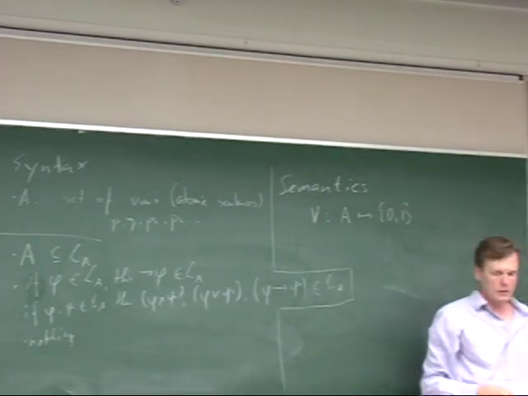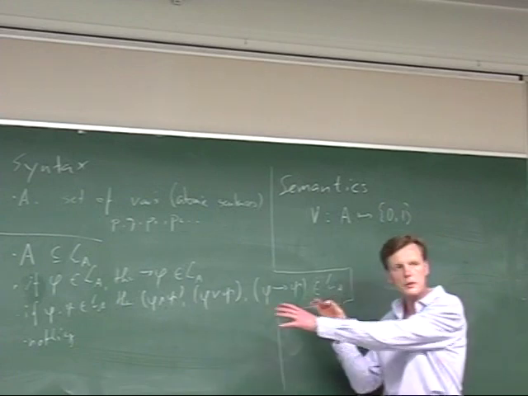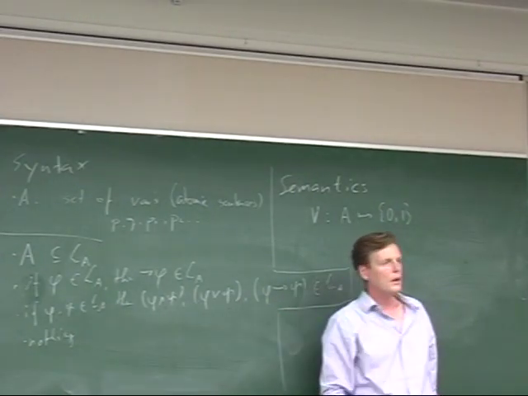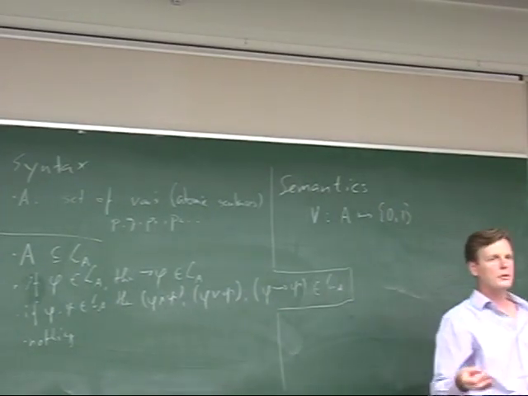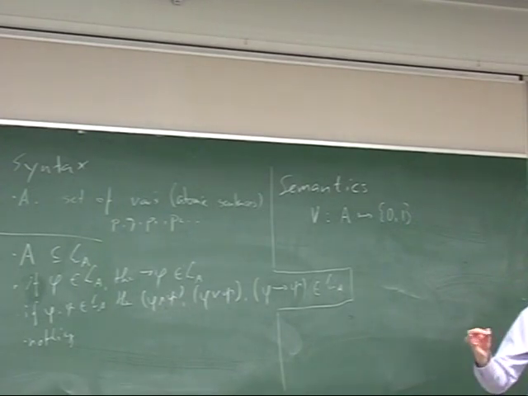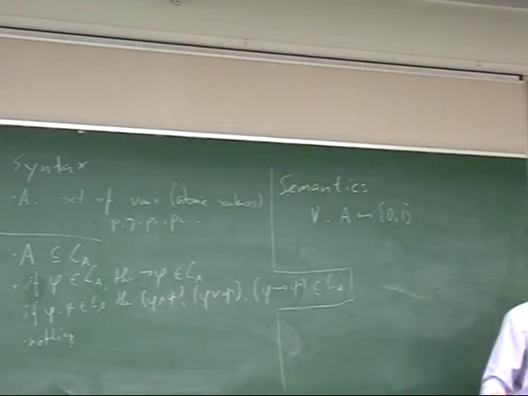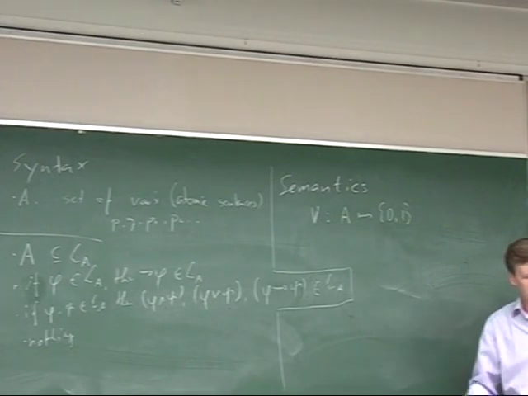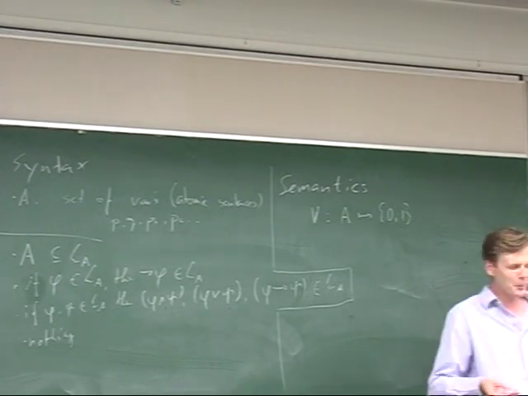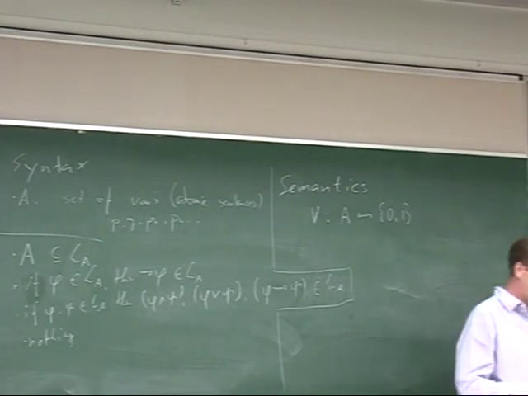And then we can follow the structure of more complex sentences and determine how the truth values of complex things depend on the truth values of their constituents and the way they're put together. And you hear this phrase very often as a sort of definition of what compositionality is supposed to be.